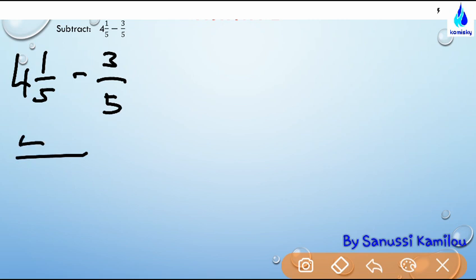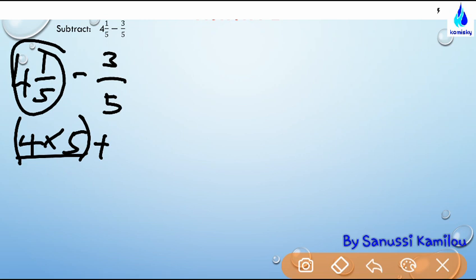We are going to do 4 times 5, open bracket and close it, plus, as we are converting this into improper fraction, plus 1, all over 5. Very good.